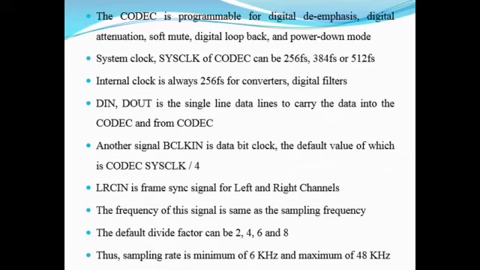So depending on that, the sampling rate is selected, and in this case the sampling rate is a minimum of 6 kilohertz, and it can go up to a maximum of 48 kilohertz. So these are the signals we use in a codec.